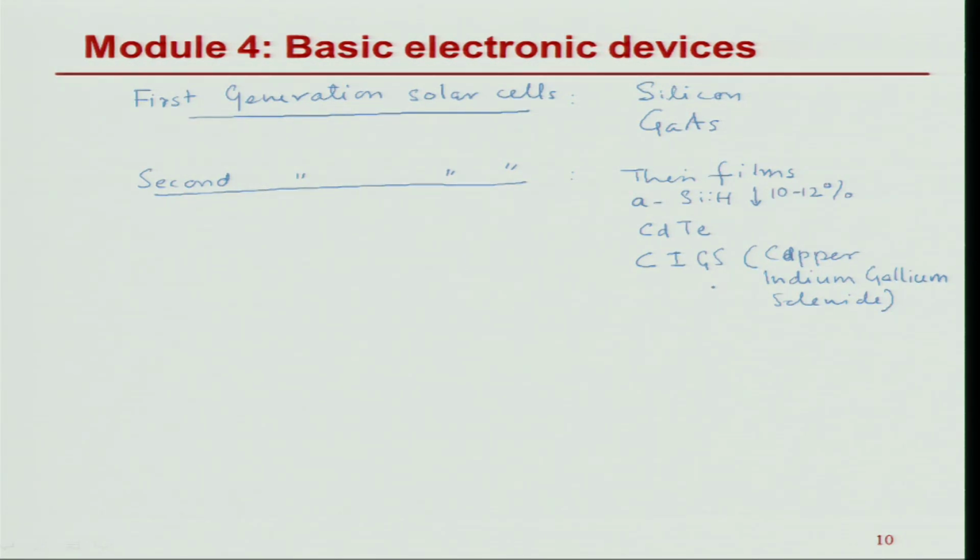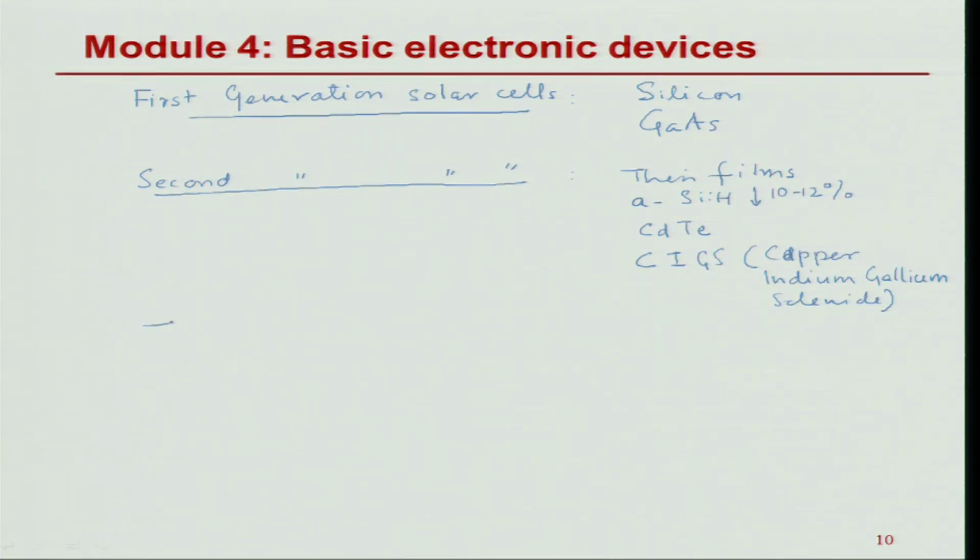Individual cell efficiencies are very high for some of these cells, CIGS, but when you put them in the module, it comes down to a lower value. But these have promised much lower cost compared to silicon, and that was the driving force, to reduce the cost of power generated by the solar cell.